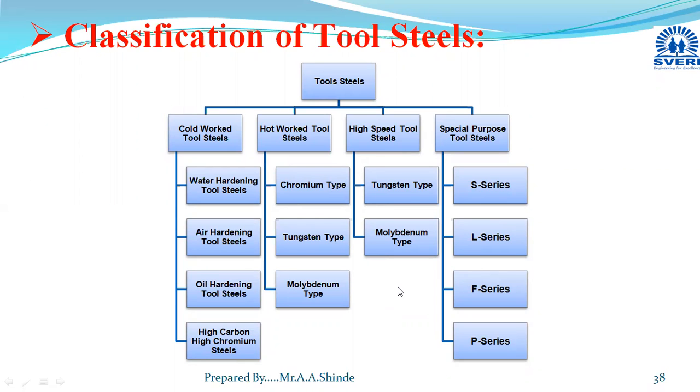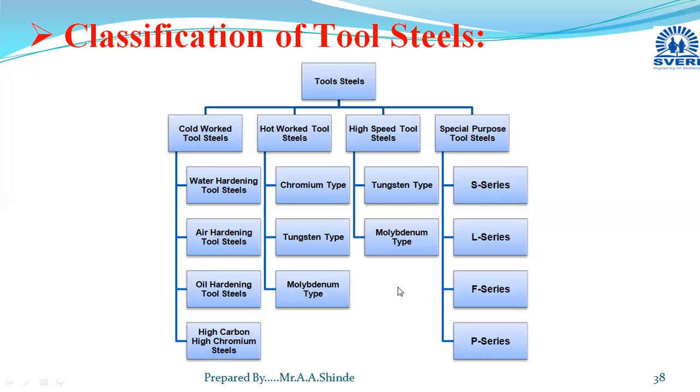Then, to perform cold working operations we use some specially categorized tools, and they are known as cold work tool steels. Some examples of cold working operations are cold rolling, cold drawing, cold extrusion, bending, squeezing, coining, and sizing operations. These are all cold working operations.